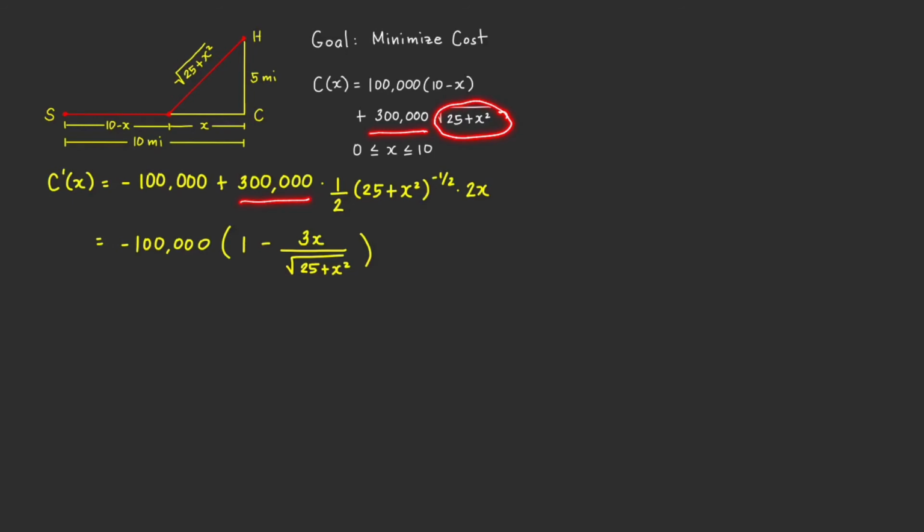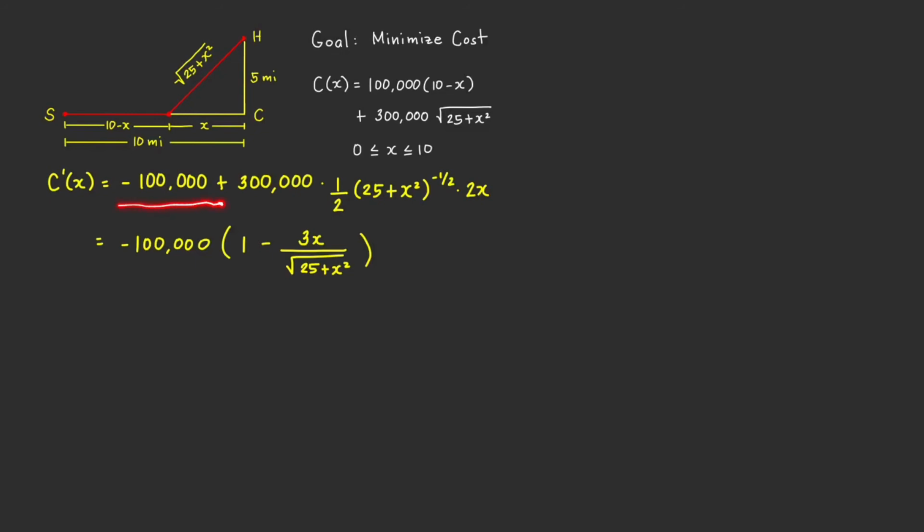We apply the extended power rule. We bring down the power and subtract 1 from the power, so that is 1 half minus 1, which is negative 1 half, times the derivative of this base, which is 2x. We can cancel the 2 and this 2, and we can factor out the negative 100,000.